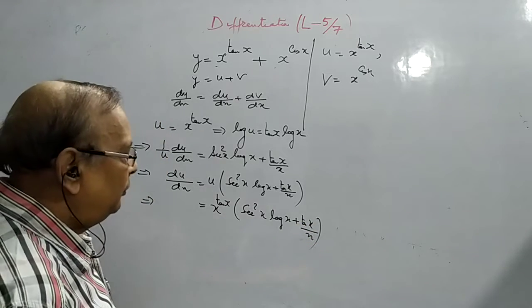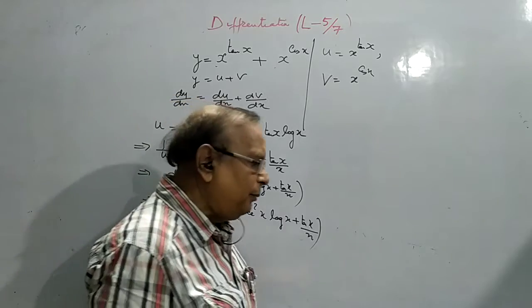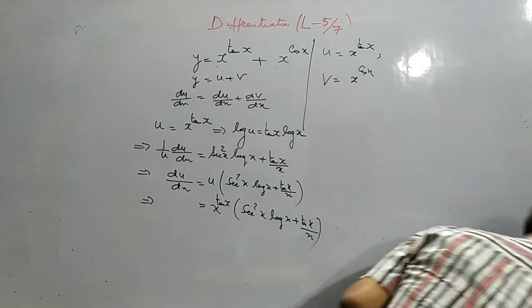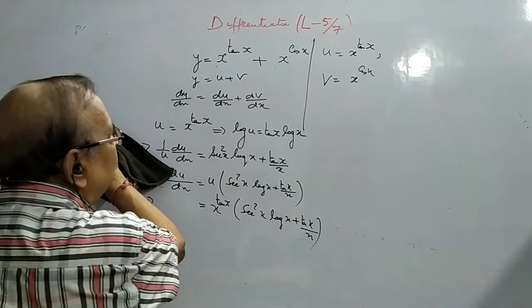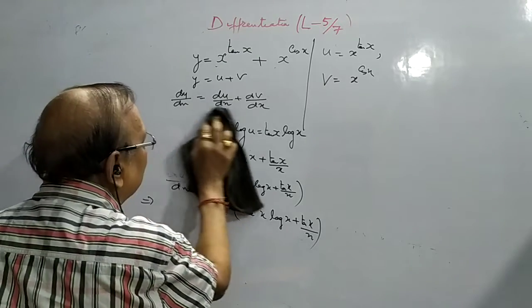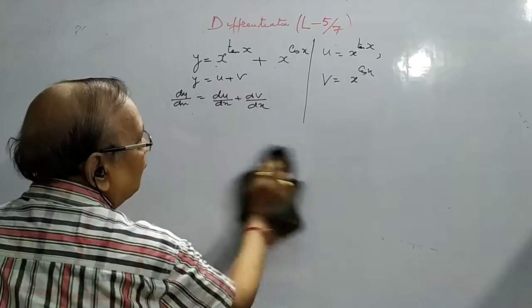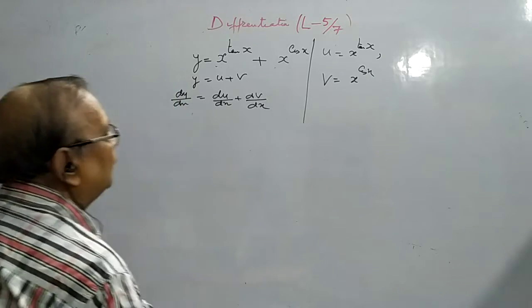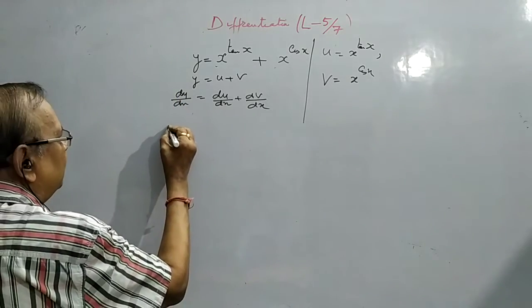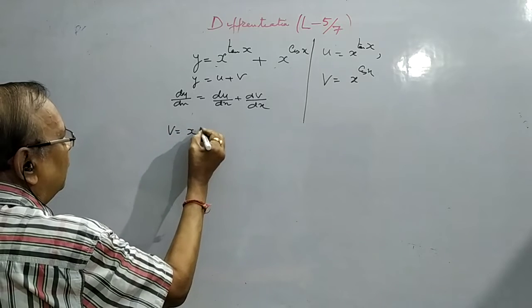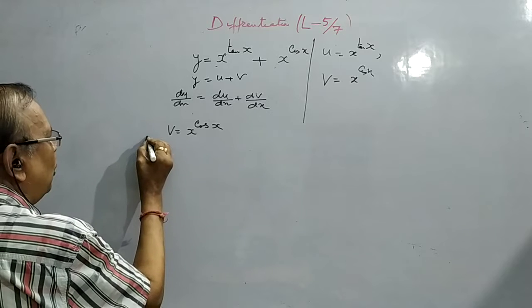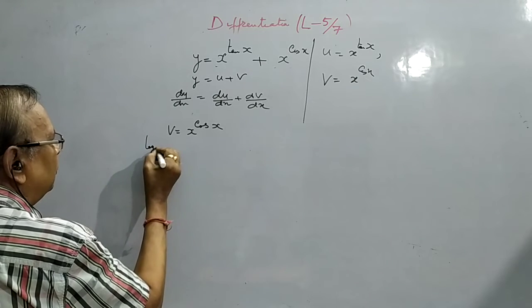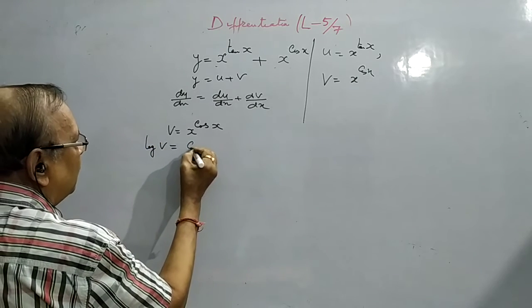Now we have to find dv by dx. So we may consider v is equal to x to the power cos x. Taking log of both sides, log v is equal to cos x log x.